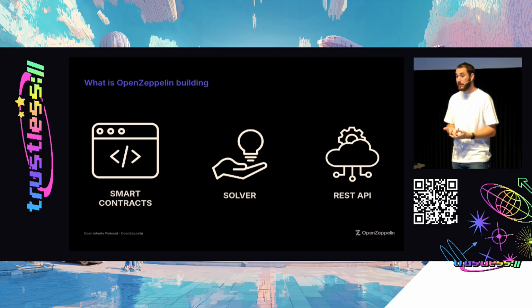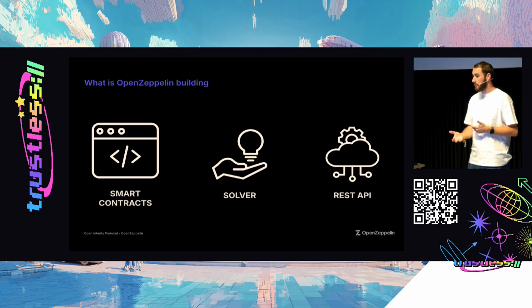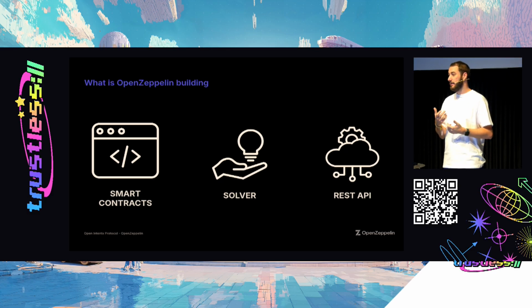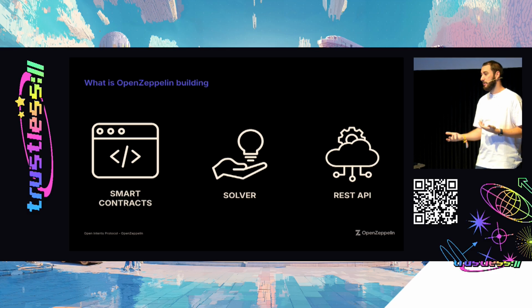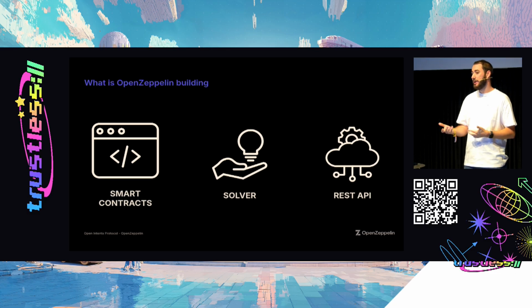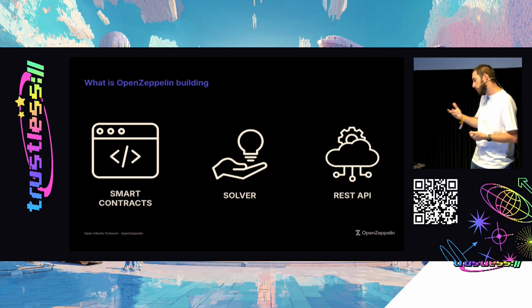We are building a solver which allows new networks to just take it, run it, provide their own liquidity, and get started as part of this ecosystem without having to go and talk with other providers. And we are building a REST API to facilitate a standard way of communicating with that solver. When we built all of these things, we also realized that wallets will have to connect to multiple solvers to get more quotes. So we also built an aggregator that I will explain a little bit later.